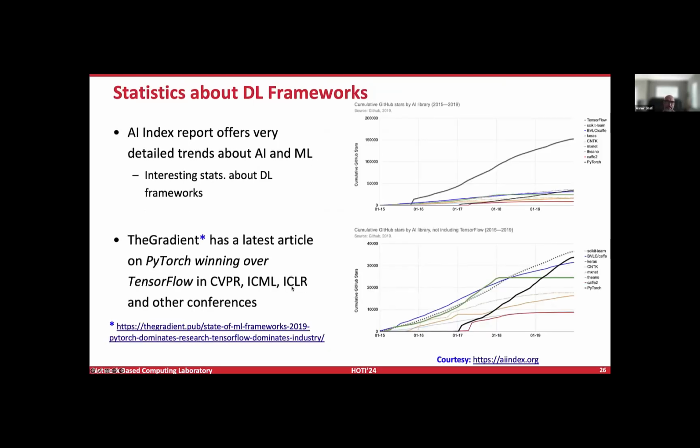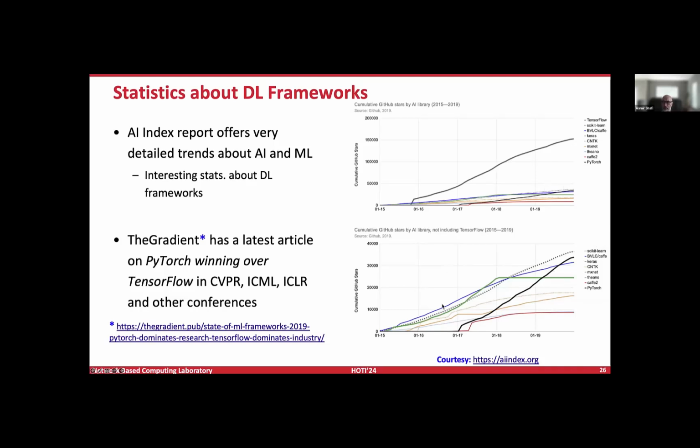So these are just some statistics. These are some old stats. What I want you to focus on here is this chart at the top first. Time is on the x-axis, the cumulative GitHub stars on the y-axis, and there's one clear leader, but this time only spans from 2015 until 2019, and the top graph here is essentially TensorFlow.